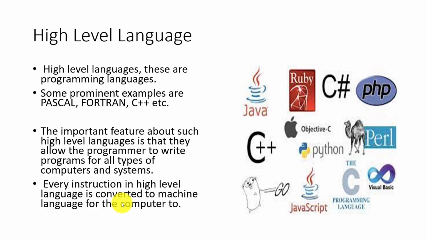to compute a specific task, because the computer only recognizes machine code. The computer cannot directly recognize high level language, so the system has to convert high level language to machine level language. Now what is machine level language?